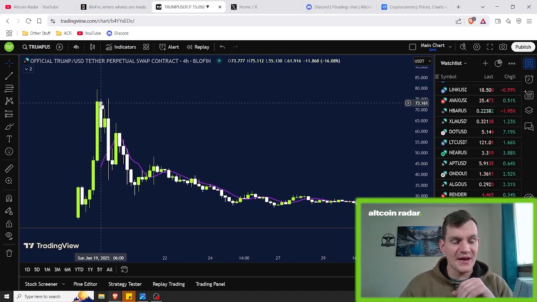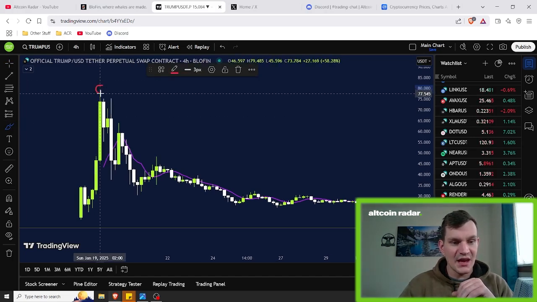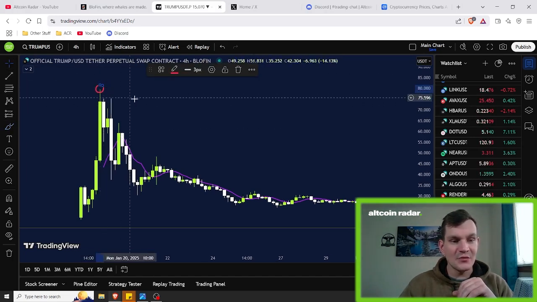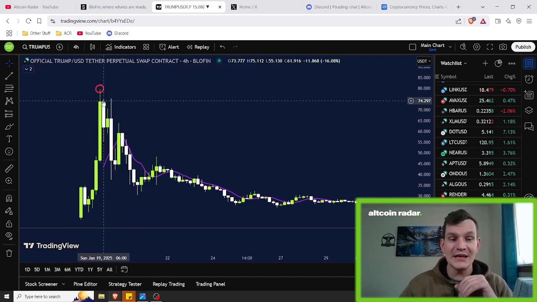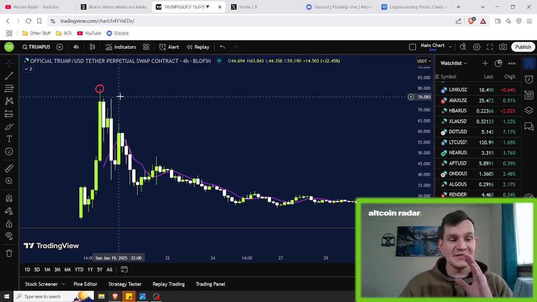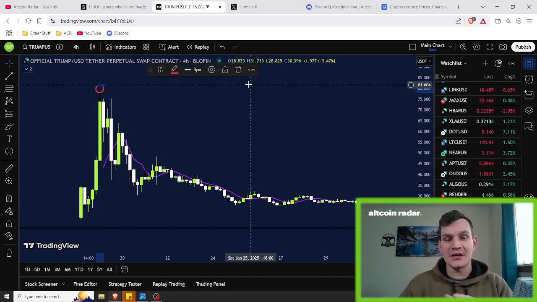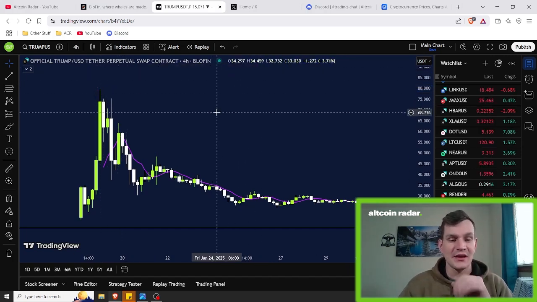Because this next 4-hour candle did not end up going up and above this previous candle right here, that would tell me personally that bears are definitely taking over. I need to get out of this and get out of it fast. So this is what I'm talking about when I'm talking about paying attention to the actual candlesticks themselves.